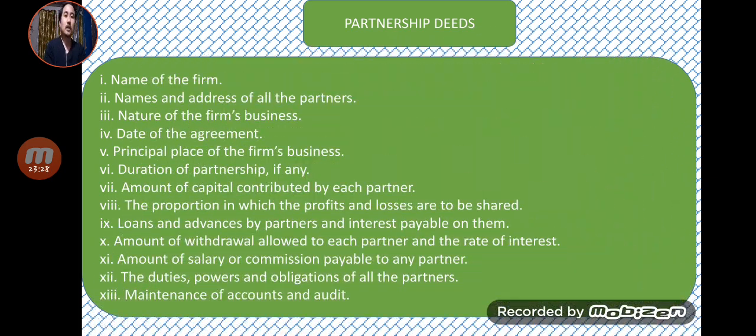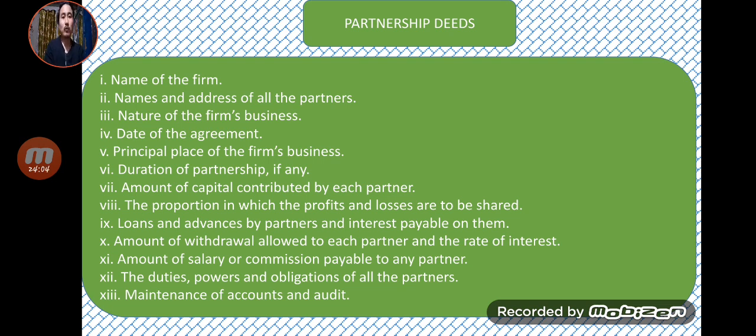So what actually is a partnership deed? These are the kinds of information given in the deed: name of the firm, addresses of the partners, nature of the firm's business, what types of business the partners are into, whether manufacturing, trading or service business, date of agreement, and the firm's business address, whether in a metropolitan city or a village area.